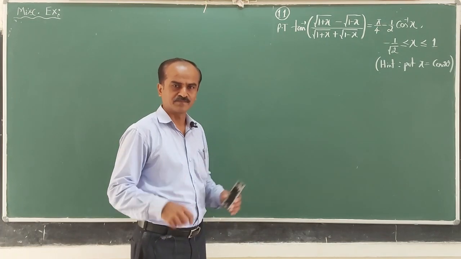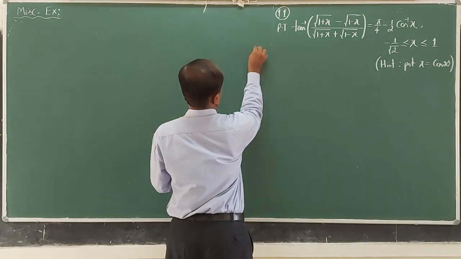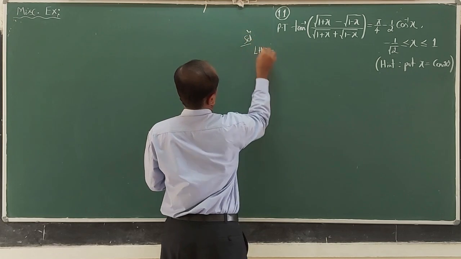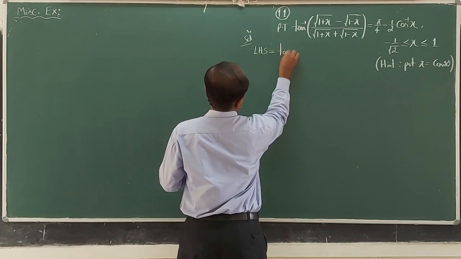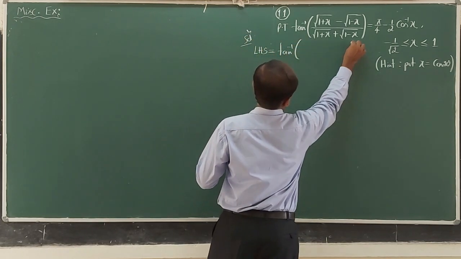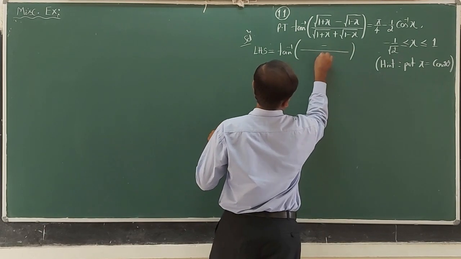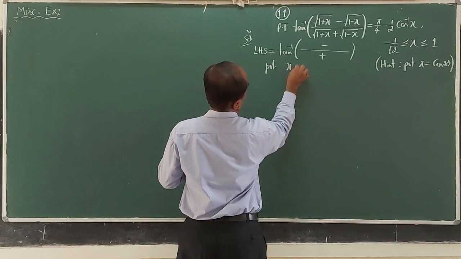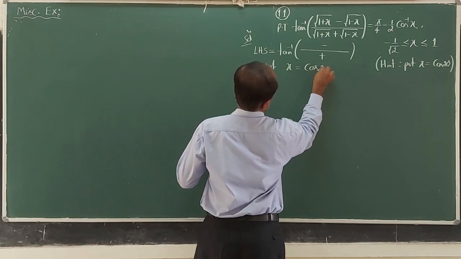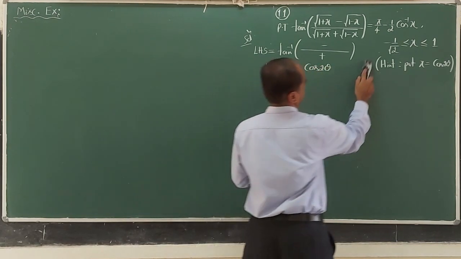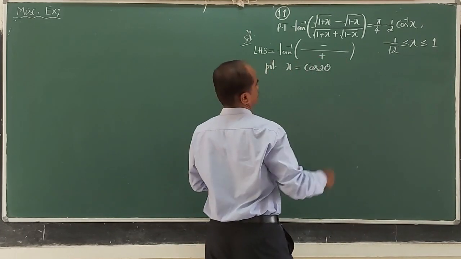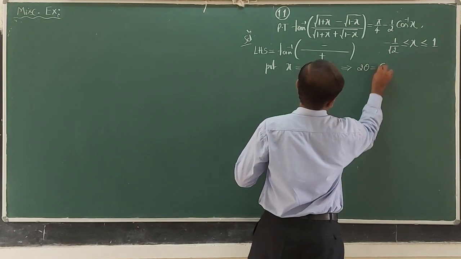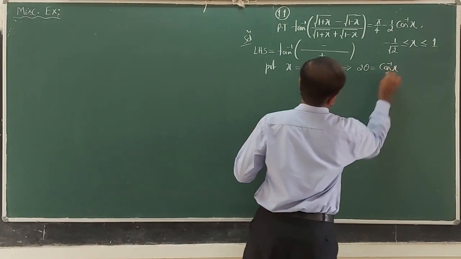Okay, we will start with LHS. LHS equal to tan inverse of that expression. I will substitute x equal to cos 2 theta. This implies 2 theta equal to cos inverse x.